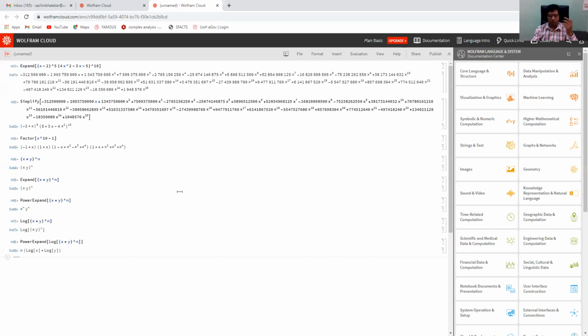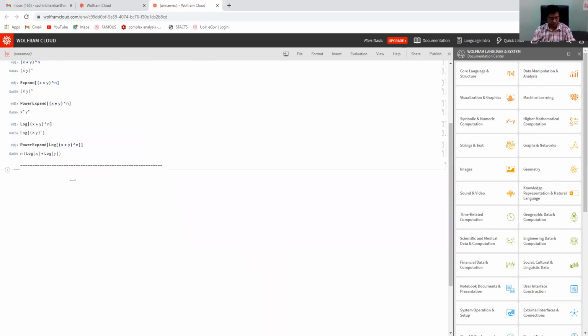Next point is solving equations in mathematics. There are different commands in Mathematica which are very useful. First command is Solve.